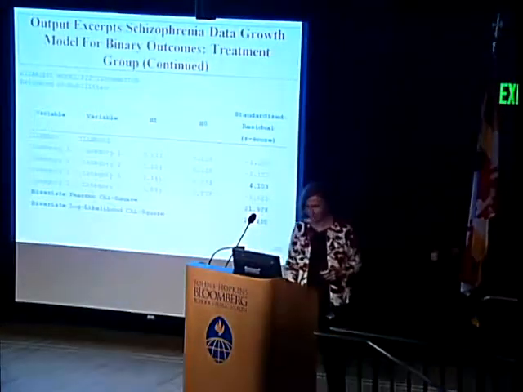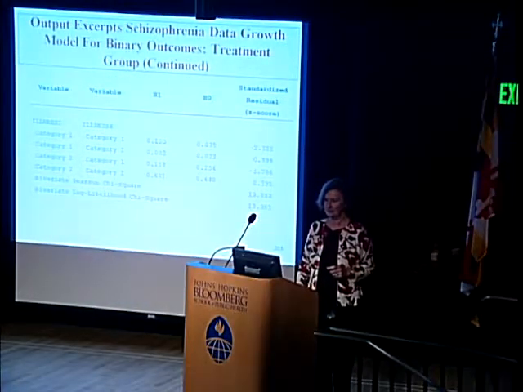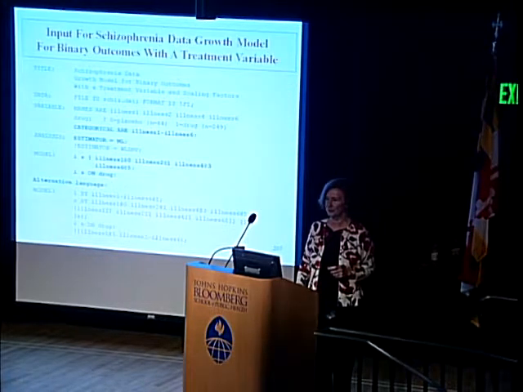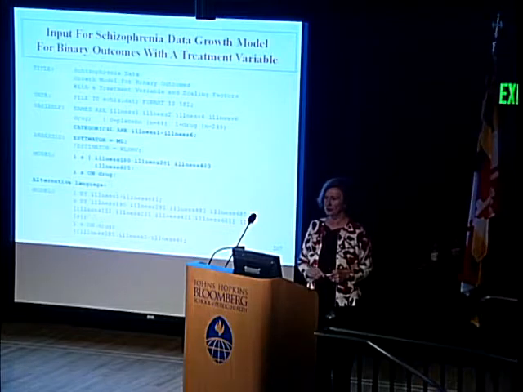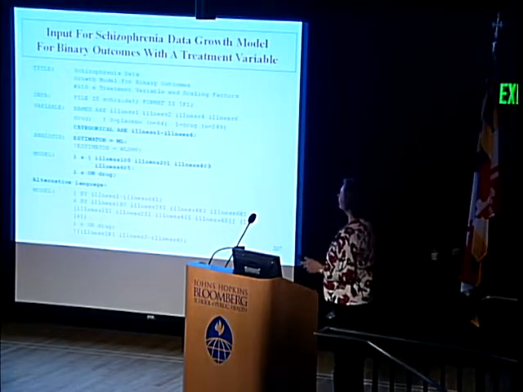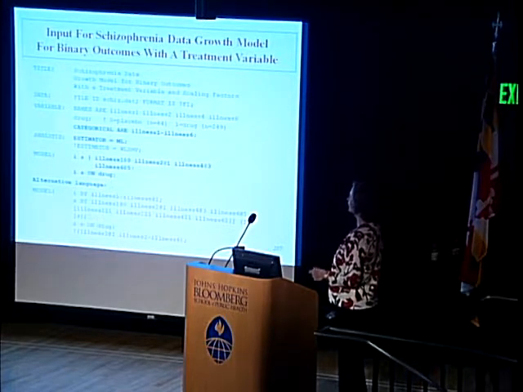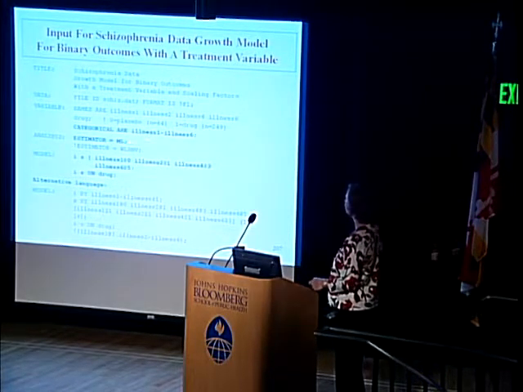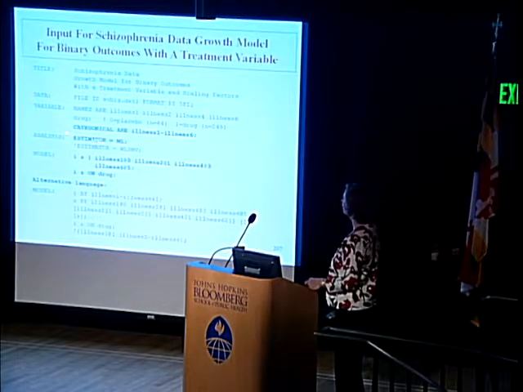Okay, so I'm going to skip now to slide 207, where we're actually going to estimate the growth model and talk about that. So that was just an aside for assessing model misfit. So here we're using the maximum likelihood estimator.